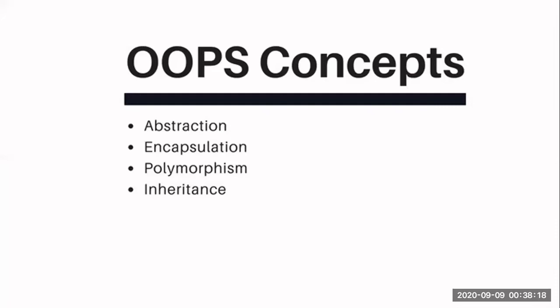In the same way, when I'm writing a program, I can use one function's character in another function. That means we will be able to reuse our program. So inheritance is a concept where I can take the characteristics of a parent method or function into a child method or function, then we call it inheritance.